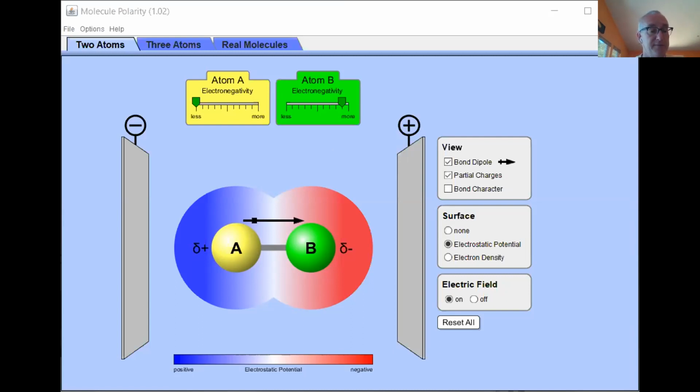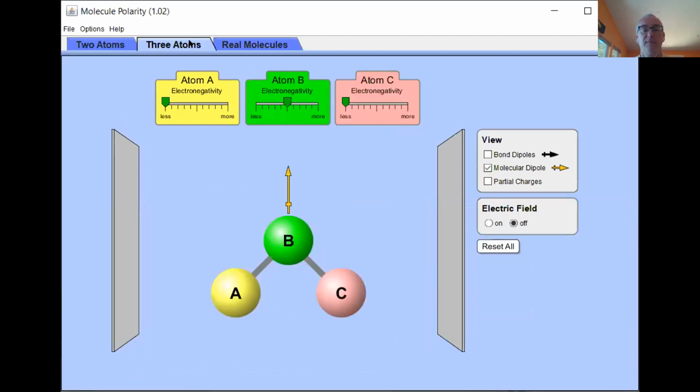So let's look at three atoms, because here we learn a really important lesson about the difference between a bond dipole and a molecular dipole. Can anyone tell me what the difference is? How can there be a difference between a bond dipole and a molecular dipole?